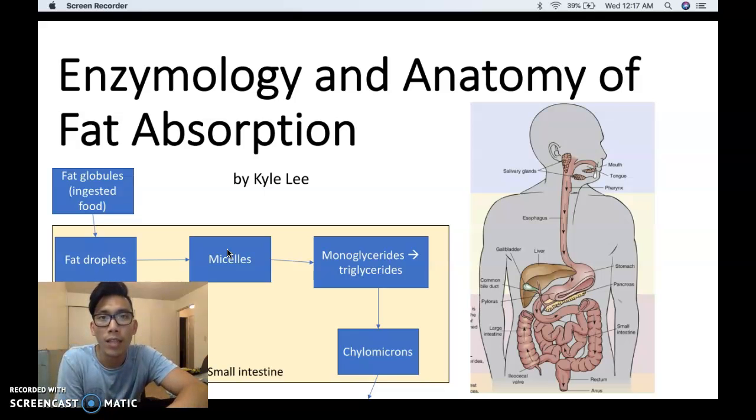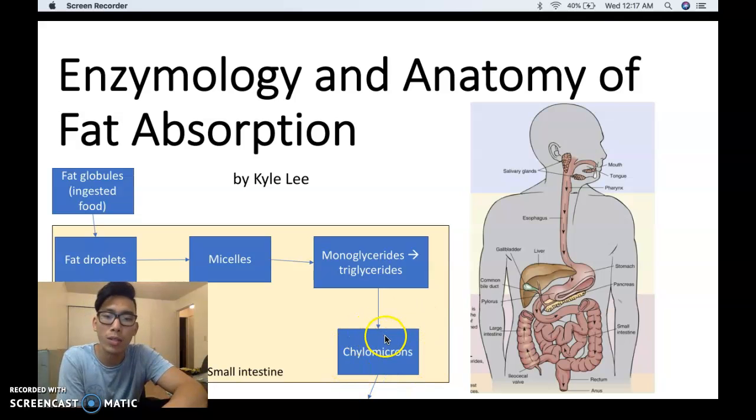The fat components that make up micelles will enter the intestinal cell as monoglycerides and free fatty acids, and then recombine into triglycerides. Then the triglycerides will group together with cholesterol and protein to form lipoproteins known as chylomicrons.